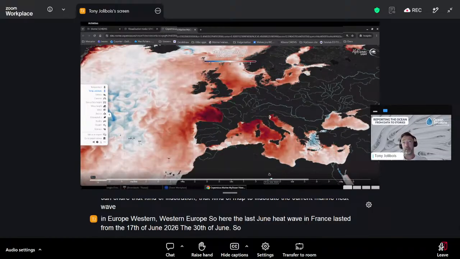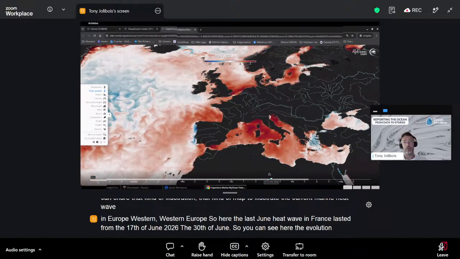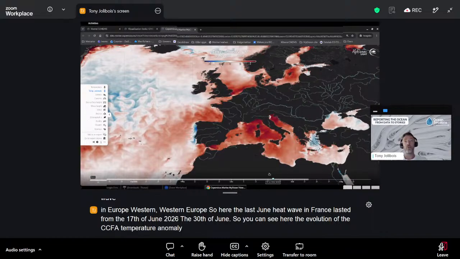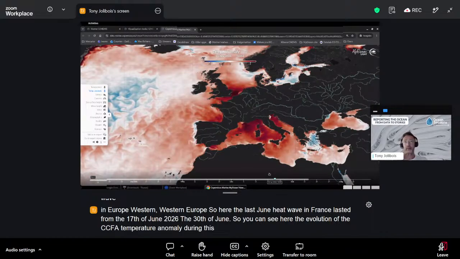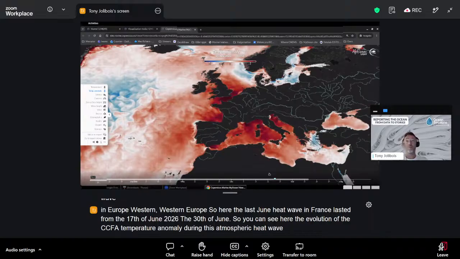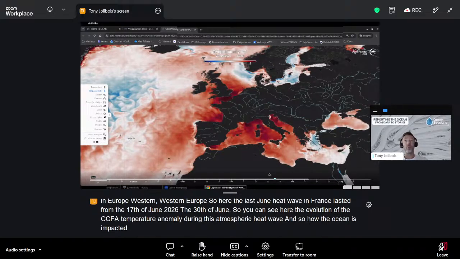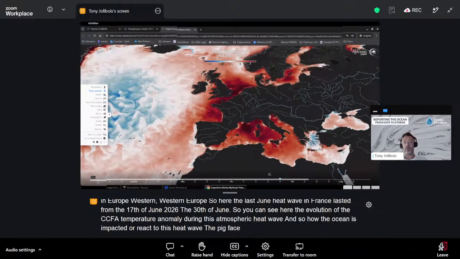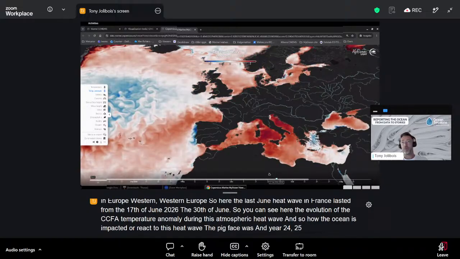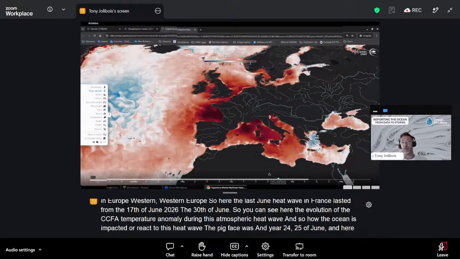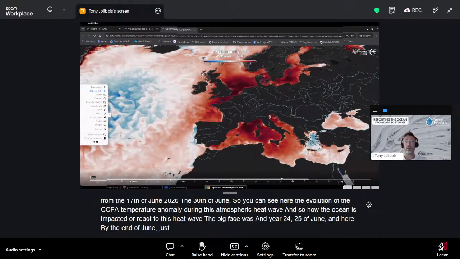So you can see here the evolution of the sea surface temperature anomaly during this atmospheric heat wave, and so how the ocean is impacted or reacts to this heat wave. And the peak phase was near the 24th, 25th of June, and by the end of June it was really strong.